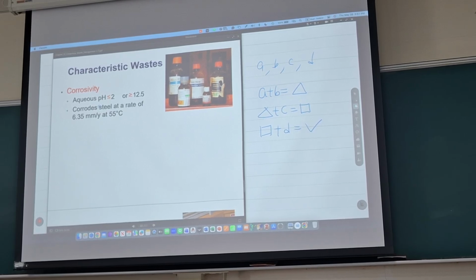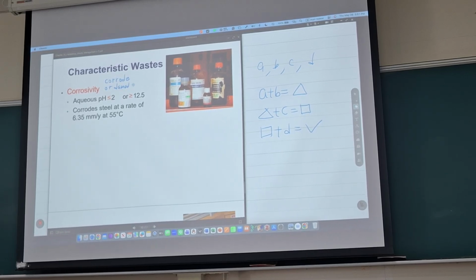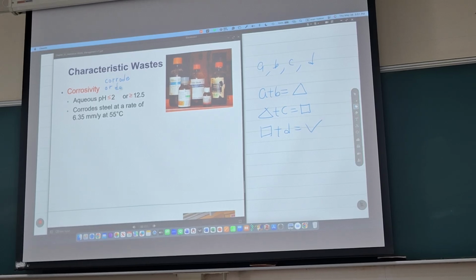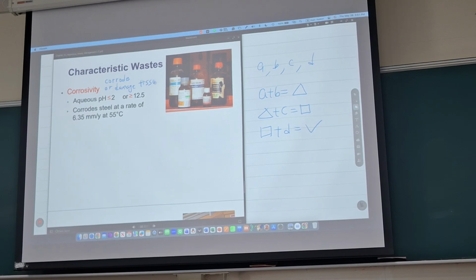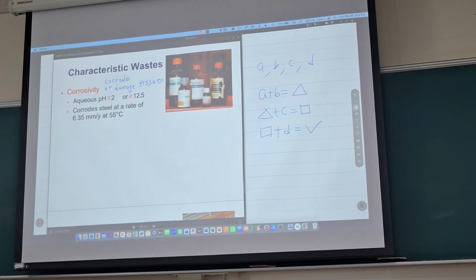Corrosivity, that means they can corrode or damage tissue. So if you touch this chemical, then go back home. Then you will see, how come my bone is here?